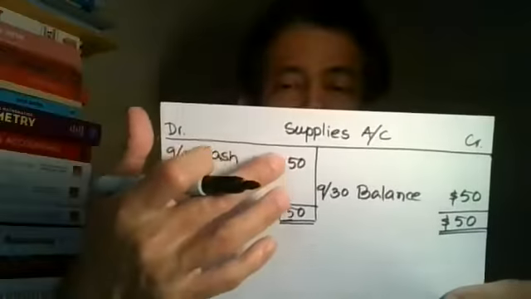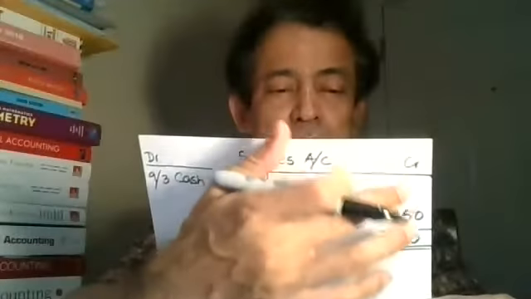And supplies, which also has a debit balance of $50. Supplies had a debit balance because look at it, the debit side had that transaction and the credit side had nothing, so we just use the balance as a plug.